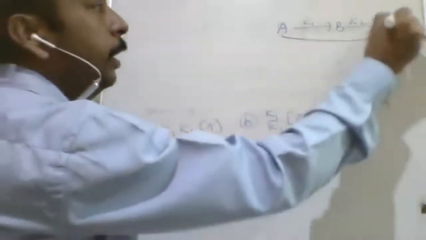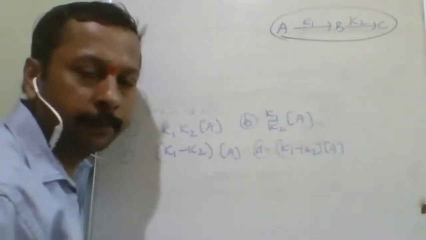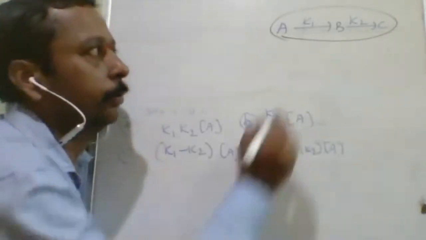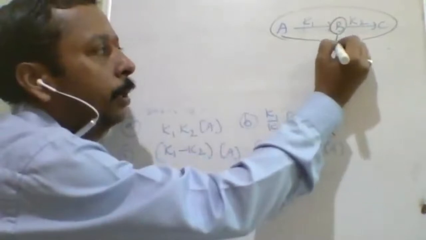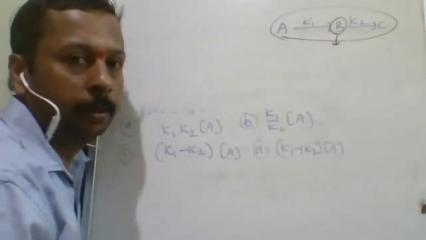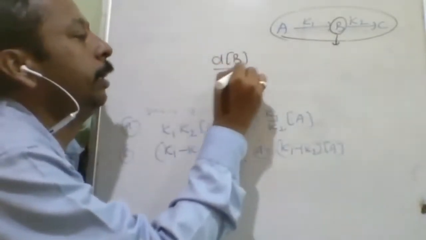In one of my lectures I told you how to write the differential rate law for a sequential reaction. Here B is a product for this reaction and a reactant for the other reaction. So we can write the net rate of B, dB by dt.